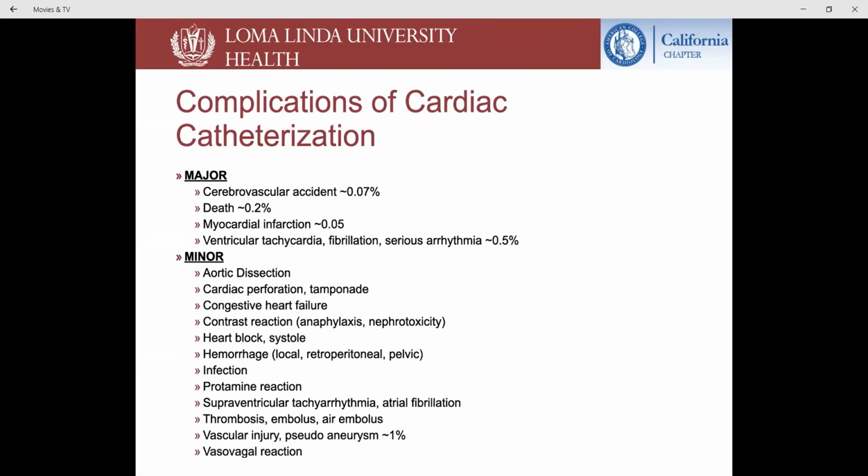So, go over these with the patient in layman's terms. While the risks are low, it's not zero risk, and they need to understand that.